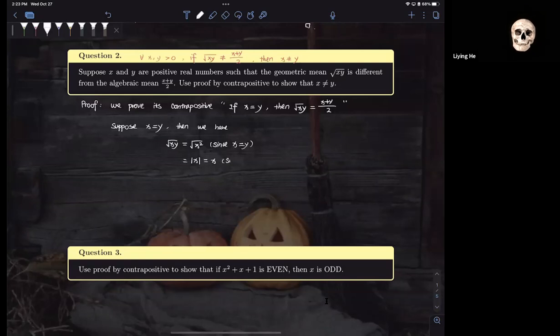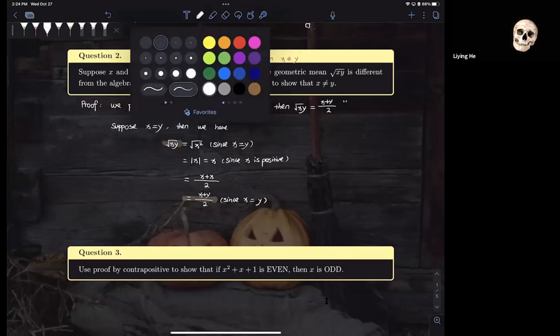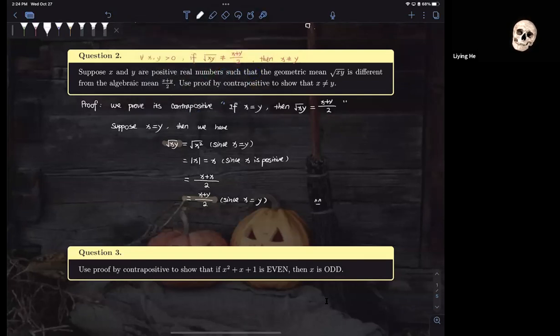Since x is positive. Which equals (x plus x) over 2, which equals (x plus y) over 2. Again, this is because x equals y. So I showed that this equals this. That's exactly what I need to prove, so we're done. Let's draw a smiley face. Okay, we're done.